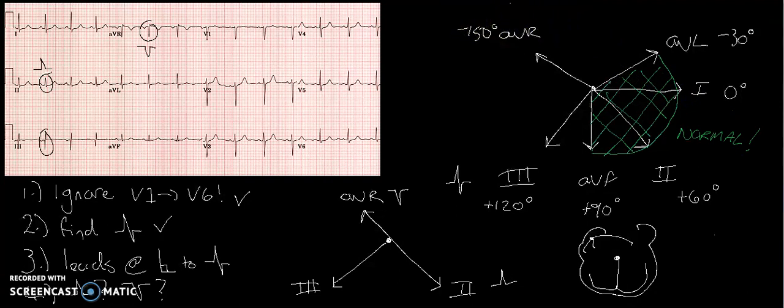Now if we draw a dotted line up here to minus 90 degrees, if the mean depolarization vector lands anywhere in this little quadrant here, then the patient has got left axis deviation.